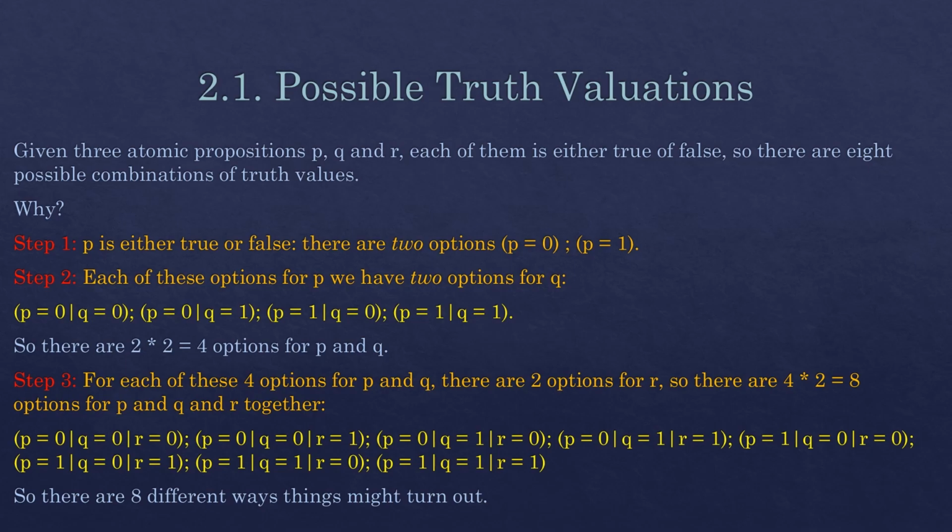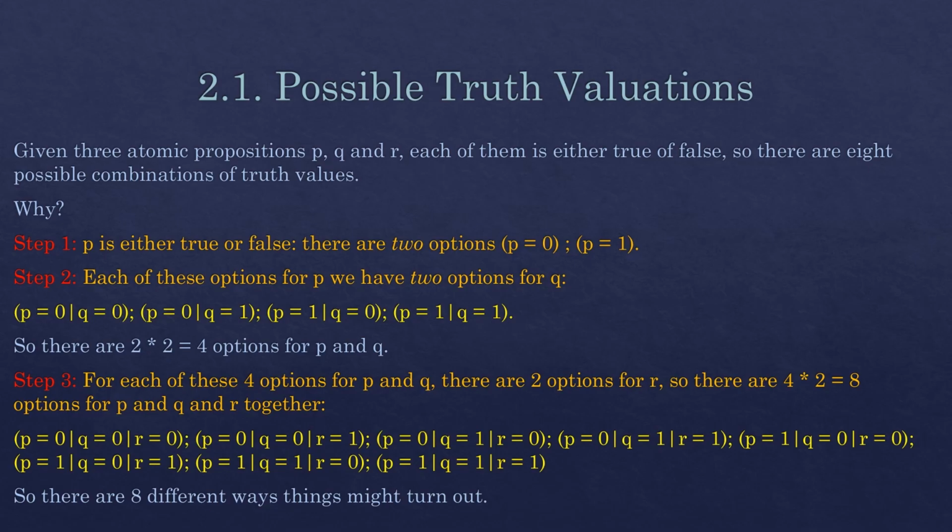We have 2 options for P, and each of these 2 options can also have 2 options for Q. You can see here, for example, option 1, P equals 0 and Q equals 0. Option 2, P equals 0, Q equals 1. And option 4 is P equals 1 and Q equals 1.